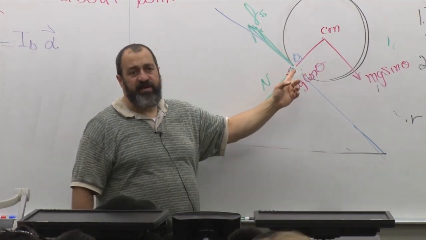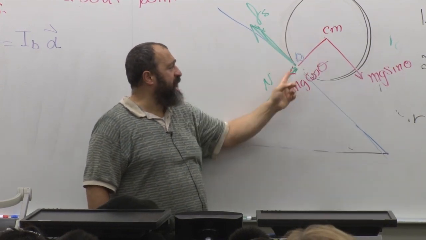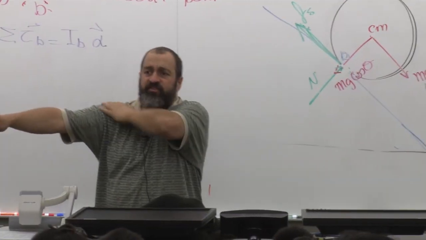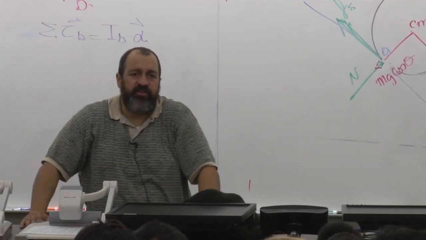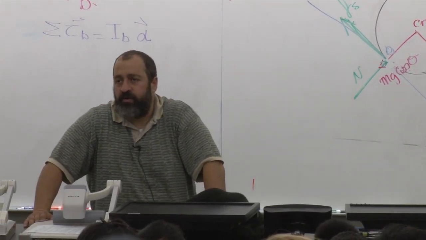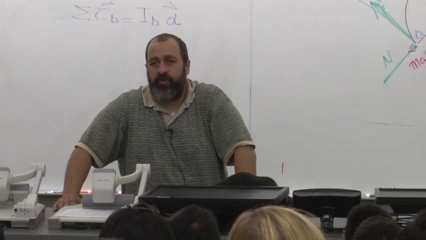The point is right in the pivot. Fs is right in the pivot. Mg cos theta points right to the pivot. They all go into the pivot. Their moment arm, or the perpendicular distance between them and the pivot, is 0. Therefore, these forces will not generate rotations about point B.